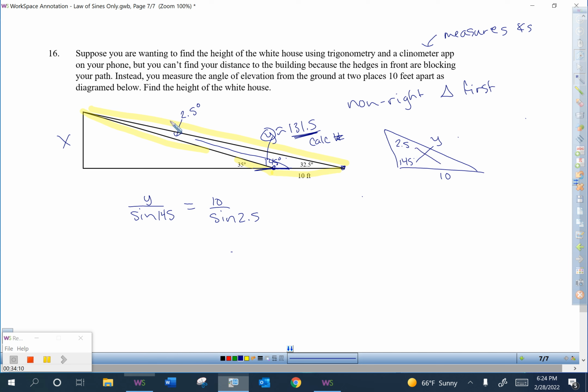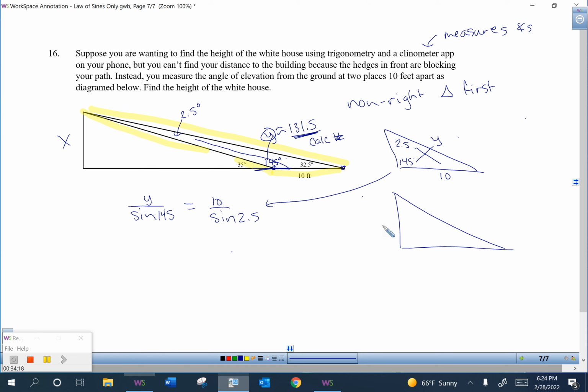Now we're focusing on the big triangle. Okay, so the second piece of this is, here's what we're solving for. I know way in the corner is 32.5 degrees, and now I just found this number to be 131.5. Here's where SOHCAHTOA comes into play. This is opposite, this is hypotenuse.